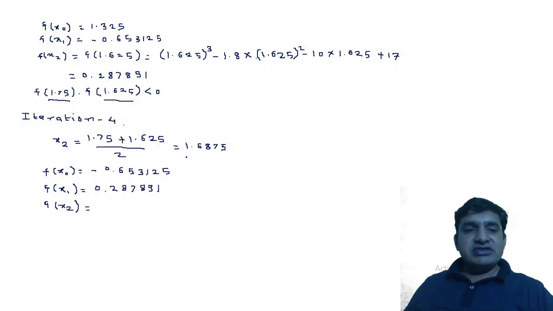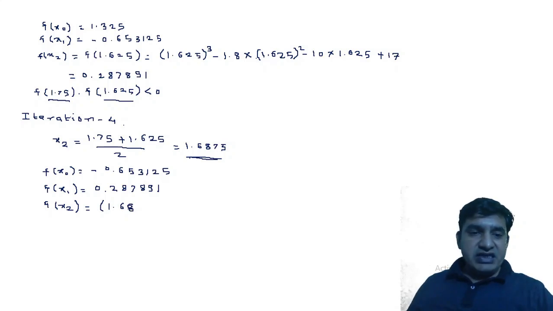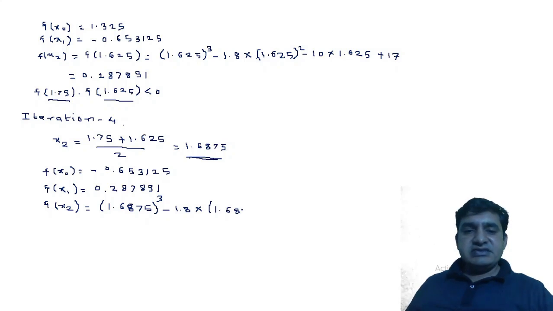here, this is now considered as x2. Okay, and we get 1.6875 cube, minus 1.8 into 1.6875 its square, minus 10 into 1.6875 plus 17.